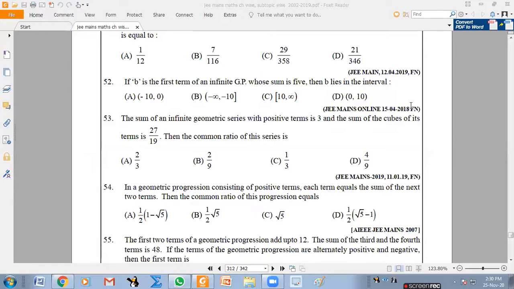We have to go back and see the GP definition, because in GP we don't say it has to be this by this as the common ratio. We can say you take a number and keep on multiplying with a number. Actually common ratio 0 is usually not accepted, but if you neglect that 0 part, the common ratio is in the open interval minus 1 to 1 for an infinite GP. Then 1 minus R will be between 0 and 2, and 5 times that is 0 to 10. Is it all right, 52?